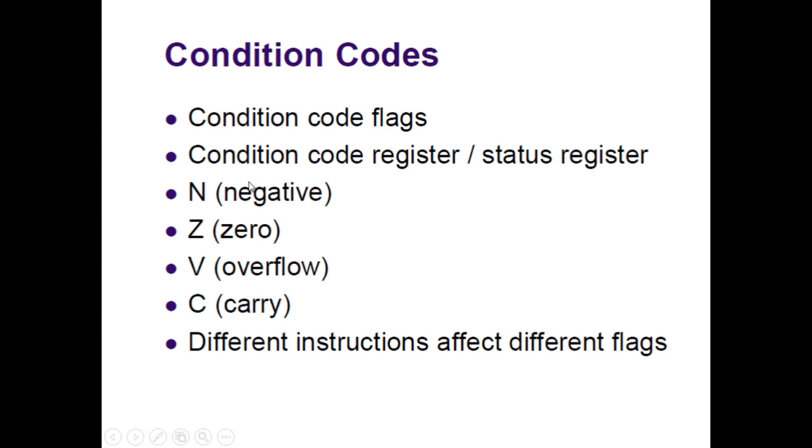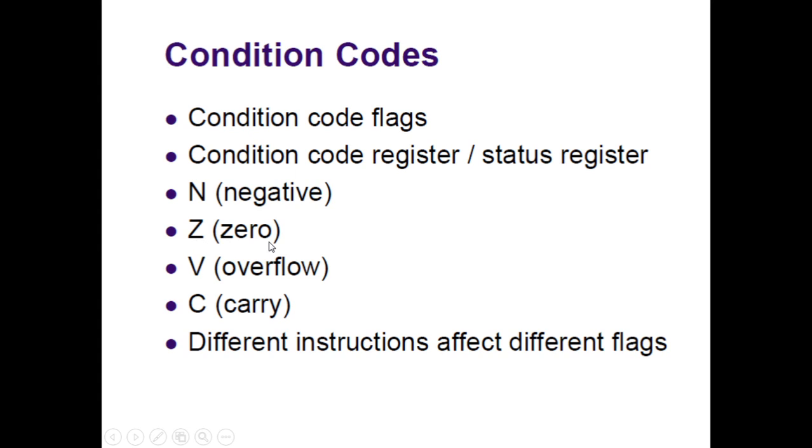If the last executed instruction returns a negative result, in that case this N flag is set as 1. If the result of execution is a positive number, then N becomes 0. If the result of execution is negative, then N becomes 1.